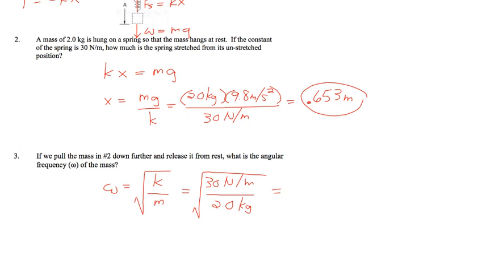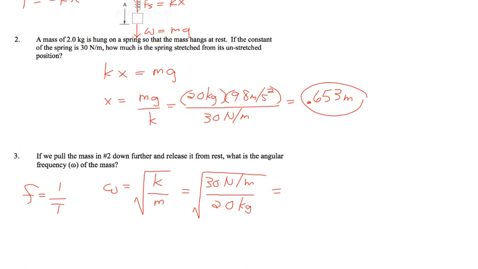And if I solve that, my units will come out in radians per second, because angular frequency is going to be, and now don't confuse omega with frequency, okay? We've got frequency, which is 1 over the period, but then we have the angular frequency, omega.